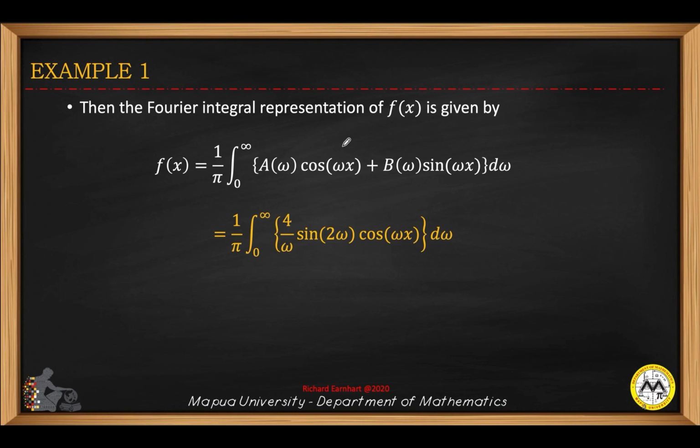This is equal to 0, so everything here will be 0. So we just integrate from 0 to positive infinity your a of omega multiplied by cosine omega x. So this is your Fourier integral representation of your f of x.